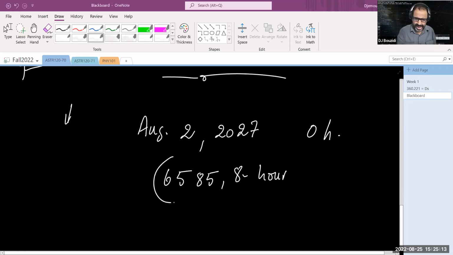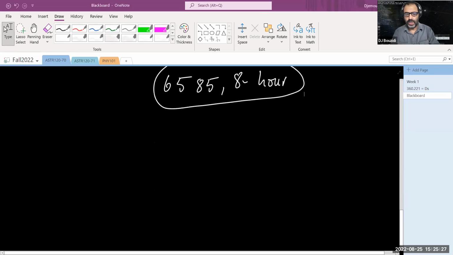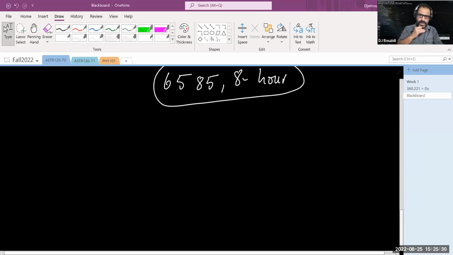So after this much time lapses, there will be another solar eclipse. We want to find where and when, so that we can make a prediction about when it's going to happen. Okay, here's the trick behind it.